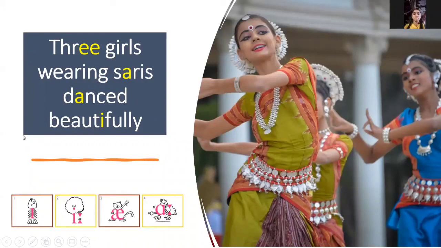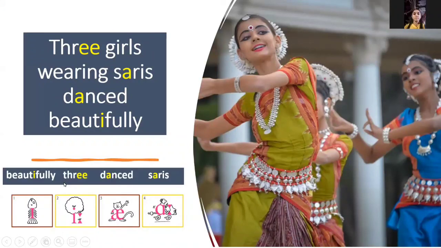So remember, we have fish, tree, cat, and car. And then we have beautifully. So it is like fish. Three is like tree. Danced is like cat. And saris is like car.